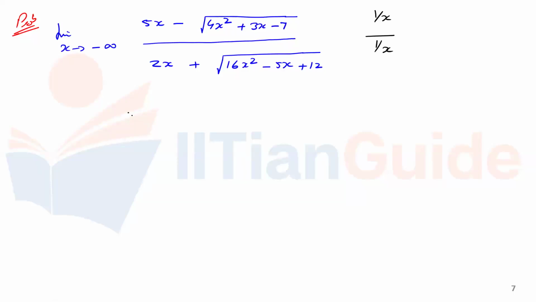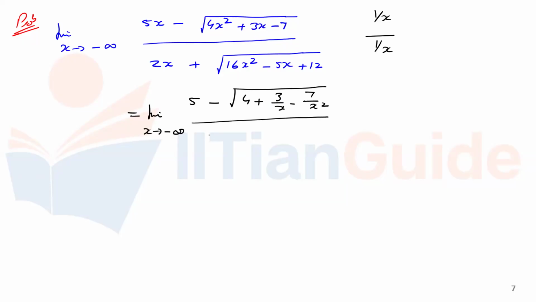Just a minute. So I am getting limits extending to minus infinity. If I divide 1 by x, I am getting the first term 5. Minus sign is there. 1 by x will go inside the square root. It will become x square. So I can write 4 plus 3 divided by x minus 7 by x square.